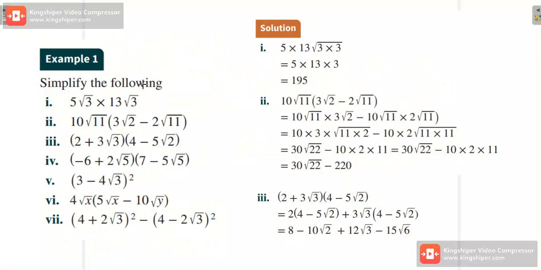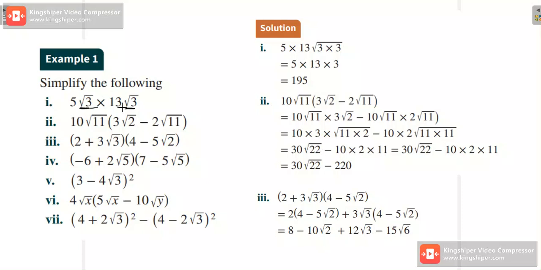Simplify the following. So the first one is 5 root of 3 times 13 root of 3. So here we can see that we have root of 3 here and root of 3 here. Now there are two surds.